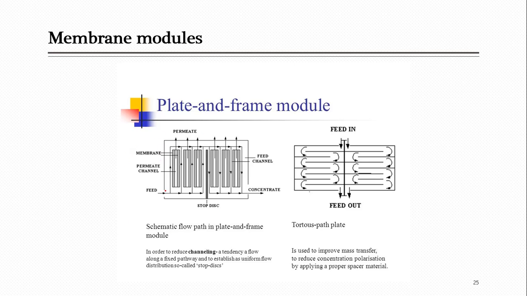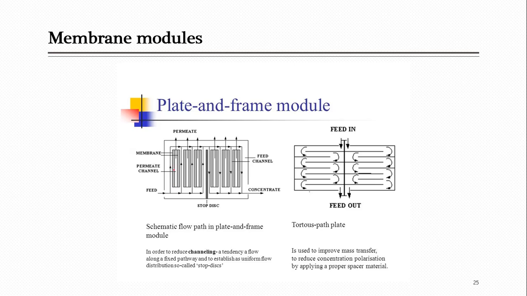Overall, just look, this is a module in which you can see that some feed is entering. You can see the path of the feed. This he was calling the feed spacer. Feed spacers are provided so that the feed can pass through, and inside, these membranes are arranged. The membrane modules are placed between these plates. When the feed is forced through this area, you can see that the membrane modules are stopped from top and bottom.